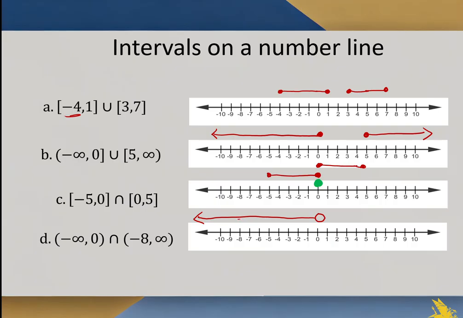Again, it's not inclusive, all the way to positive infinity. Where are they intersecting? Well, they're not intersecting at -8 because they can't both be it. So it'll be an open circle there, -8, and it's going to continue all the way down to 0 here, where I've got another open circle. So that's the part that is intersecting. So that will be my answer.